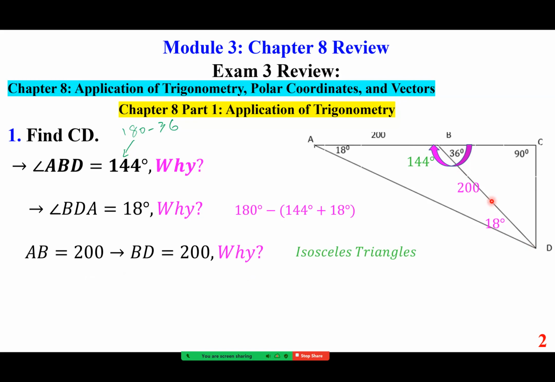Two sides are identical. Two angles, corresponding angles, are identical. So we want to find this distance.